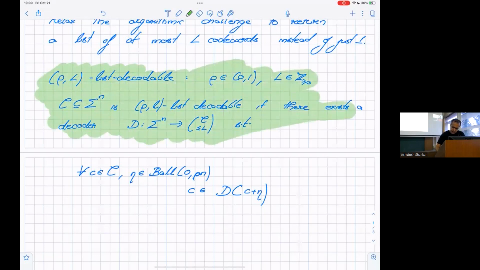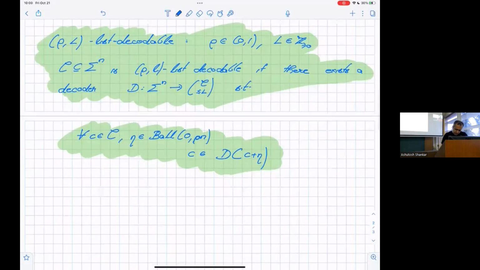By the way, we have already seen something like this when we did the proof of Alias plus before. Equivalently, this can be said in the following fashion, without talking of any decoder.